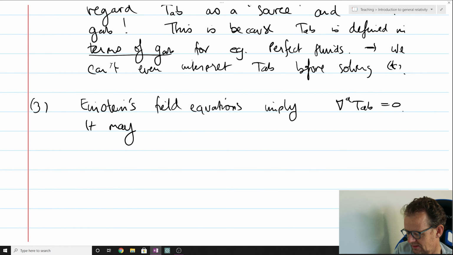And so now, okay, so what? But the interesting thing about this equation is that it may be argued that it actually implies something else.